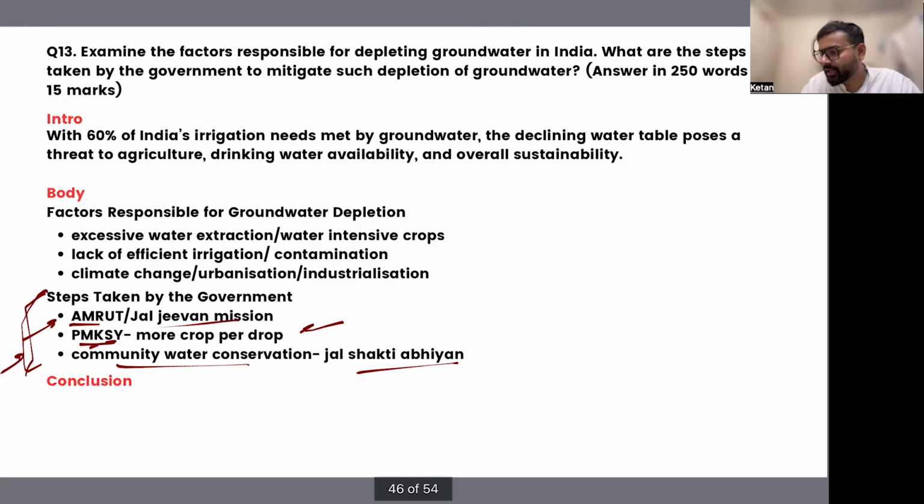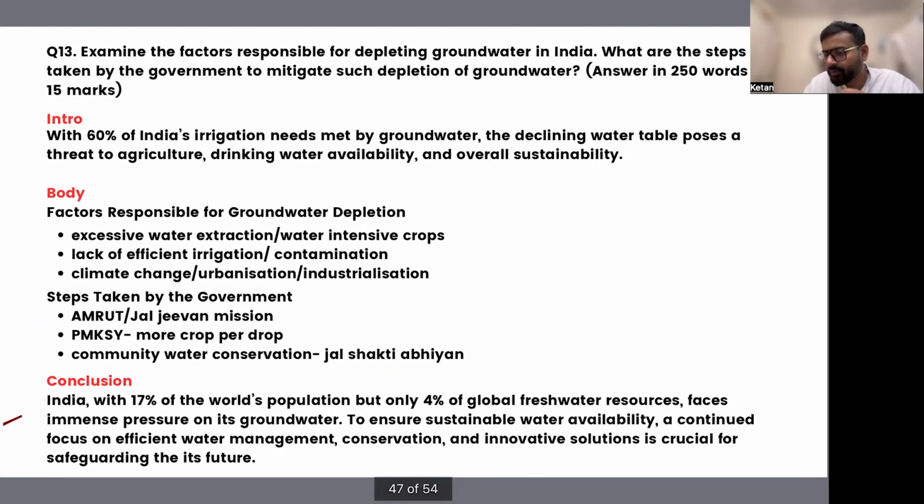And in the conclusion, again, you want a forward-looking conclusion. What is the importance of groundwater and why is it so crucial? Maybe you can talk about India. India, with around 17% of world's population, has only 4% of global freshwater resources, right?